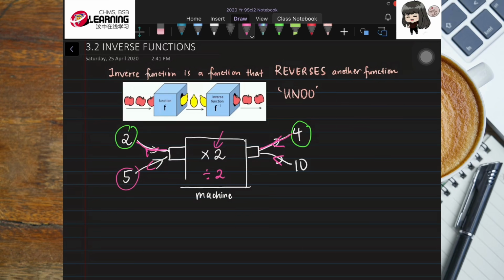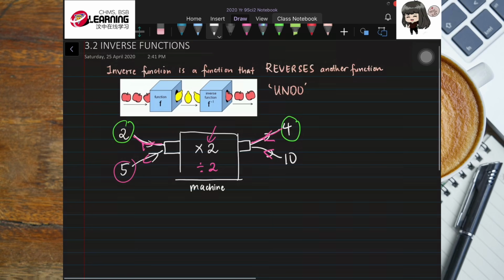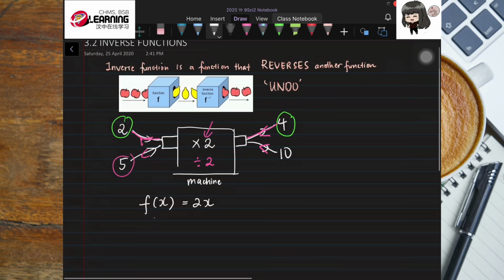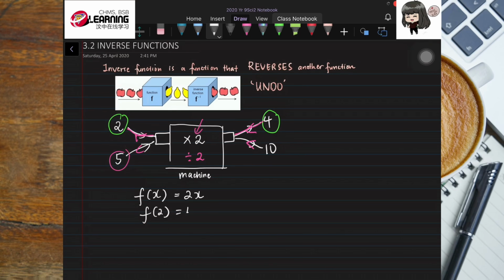To write it more clearly, function f is denoted as f of x equals 2x for this machine. The rule is 2x here. So f of 2, your input is 2, it will give you a 4. And if you have an input of 5, it will give you a 10.